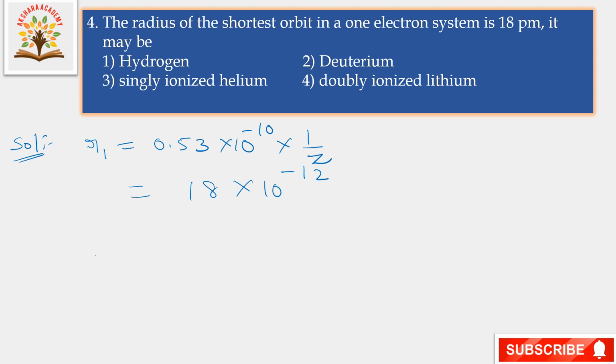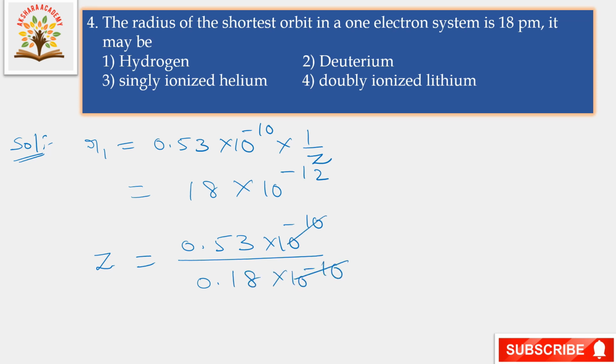So Z is equal to 0.53 into 10 to the power of minus 10 by 0.18 into 10 to the power of minus 10. 10 to the power of minus 10 cancels, 18 ones here, 3's.